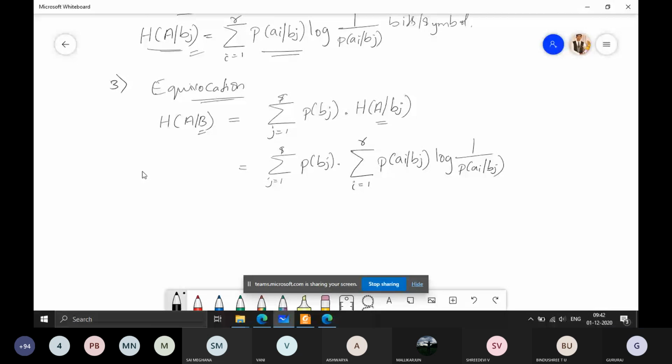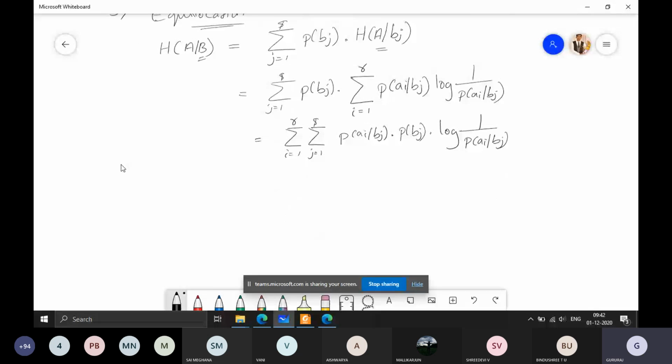So this will be equal to, taking the summation outside, summation i is equal to 1 to R into summation j is equal to 1 to S, P of Ai by Bj into P of Bj into log 1 divided by P of Ai by Bj.